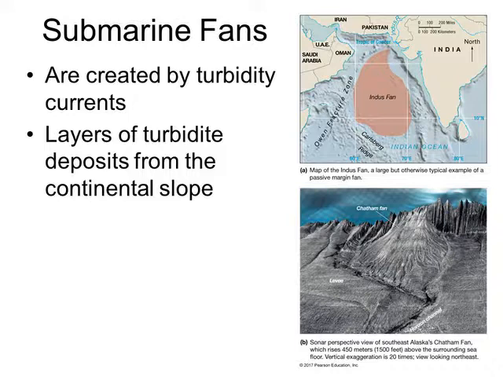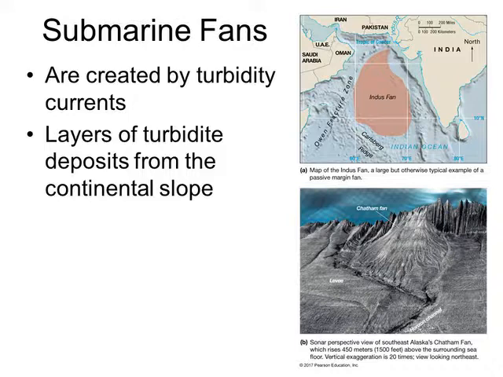And in the top right image there, you can see the Indus fan, which is the largest submarine fan in the world. It comes off of the Indus River in between Pakistan and India, and that river contributes so much material into the ocean that that fan basically takes up an entire grid section on Earth.